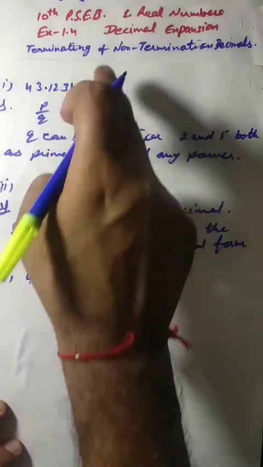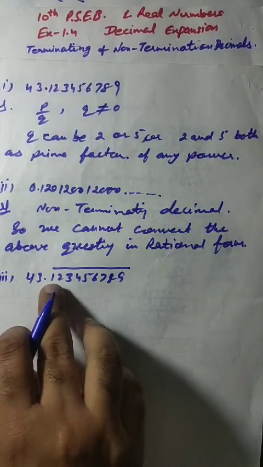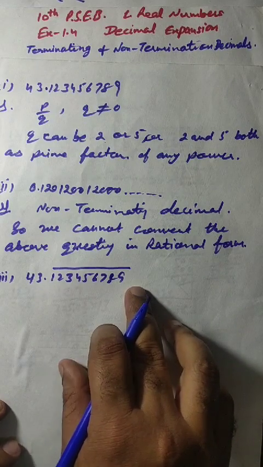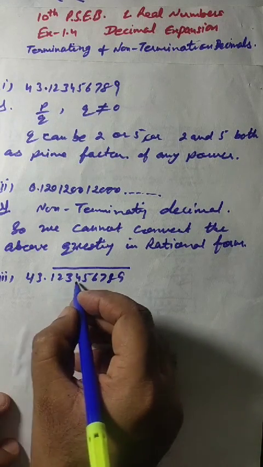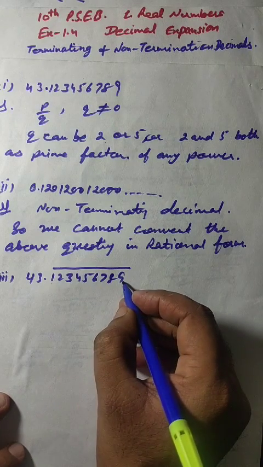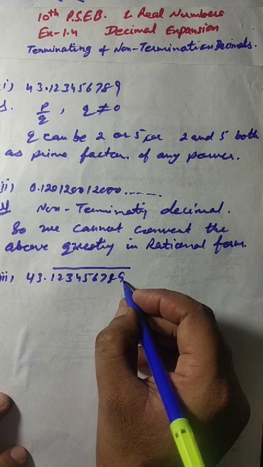Let us take another example, 43.123456789 with a bar, but there's a difference between these two questions. There's a bar on this number, which means this term 123456789 is repeating again and again.